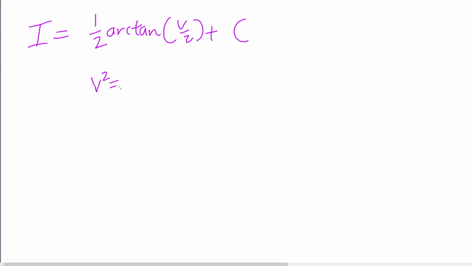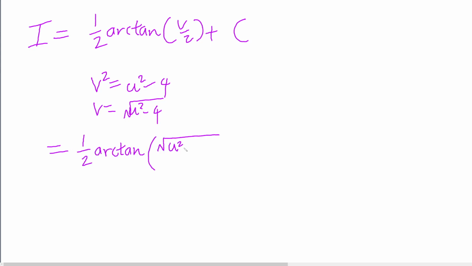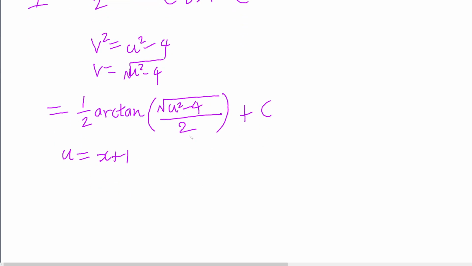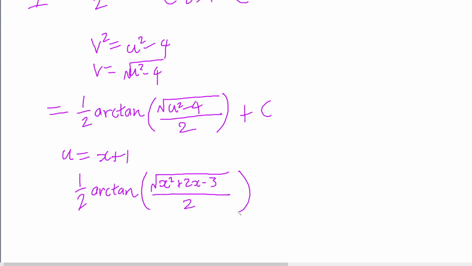So knowing that v squared equals u squared minus 4, v is the root of u squared minus 4, and this becomes 1 over 2 arctan the square root of u squared minus 4 over 2 plus c, and again, knowing that u equals x plus 1, this x plus 1 squared minus 4 becomes that square root in the original sort of status of our fraction, 1 over 2 arctan the square root of x squared plus 2x minus 3 over 2 plus c. So that's the interesting thing.